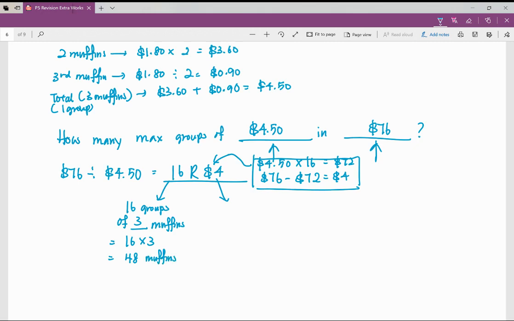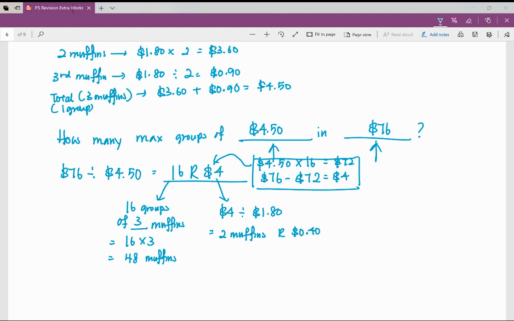For this $4, how many more individual muffins can I buy? Each muffin on its own costs $1.80. So I'll take $4 divide by 1.80, and that will be equal to 3 muffins. Sorry, that will be equal to 2 muffins. Then a remainder of 40 cents.